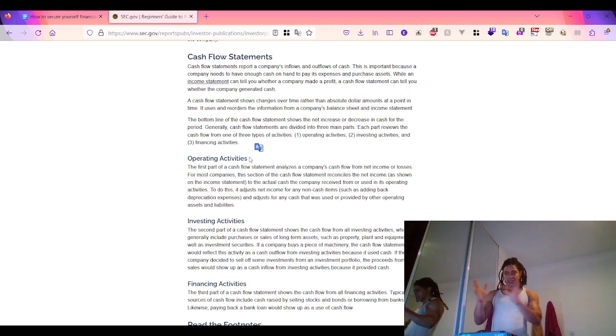Now looking at the most common operating liabilities, like accounts payable, which is money that a company owes to suppliers and vendors, typically in the short term, something like 30 to 60 days.